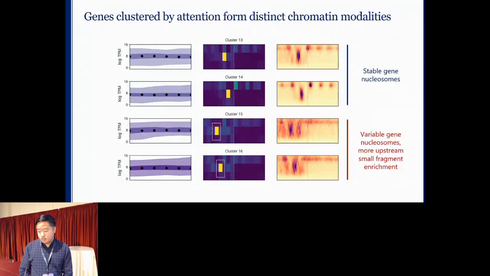And then in the second row, cluster 14, the +1 nucleosome is potentially a salient feature in this cluster. But then also in cluster 15 and 16, the nucleosomes are much more variable, but the small fragments in those clusters are a little bit further upstream than the previous two clusters.